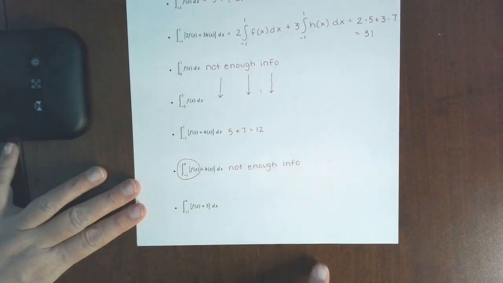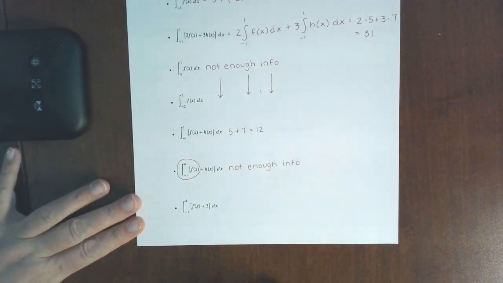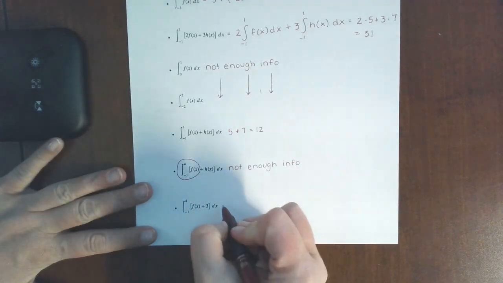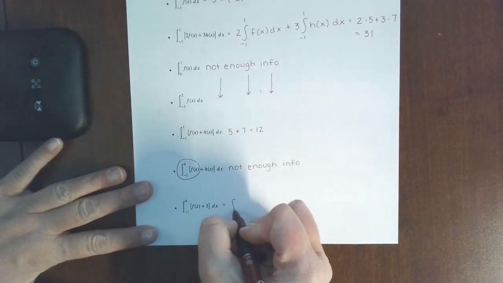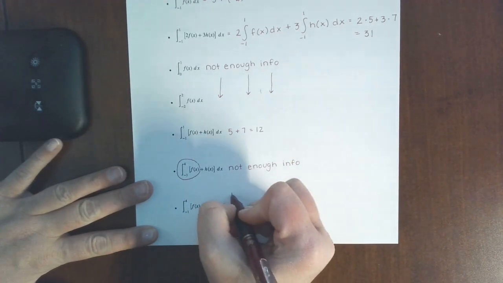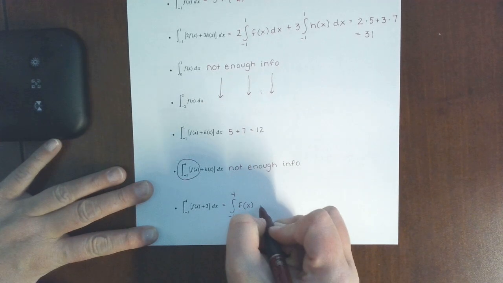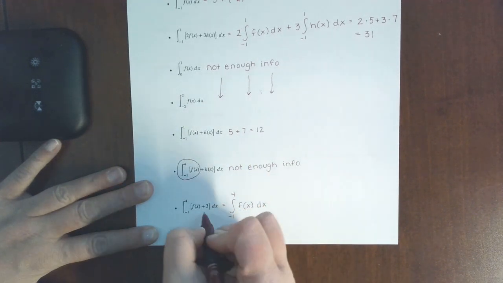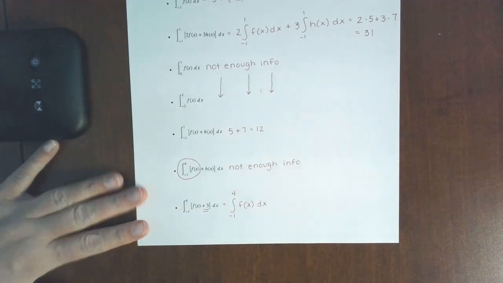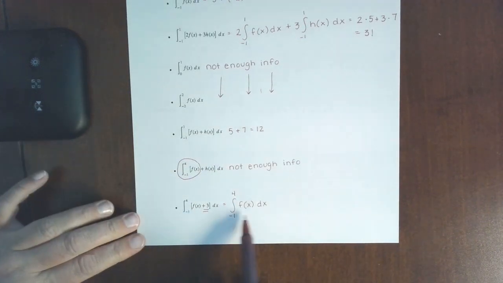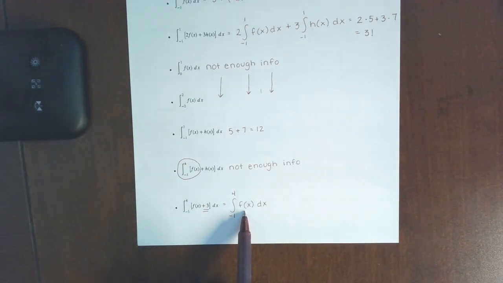And this last one. Okay, so I'm going to split this up a little bit. I'm going to say we're going to do the integral from -1 to 4 of f of x, which we actually already did above, so I'm going to steal my answer from up there. But then we want to make sure that we integrate the 3. We're not just adding 3 to our total, okay?